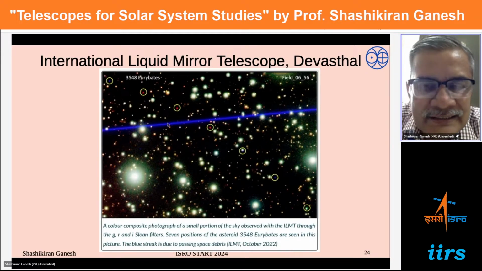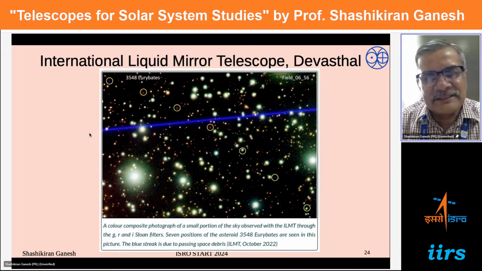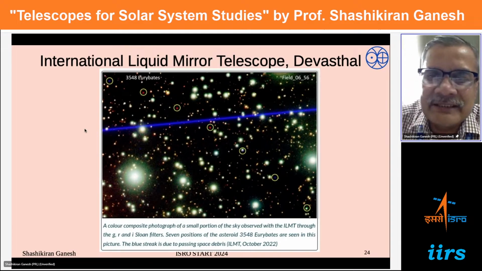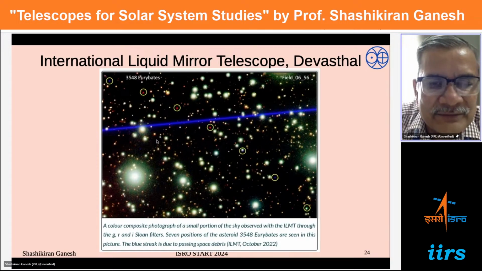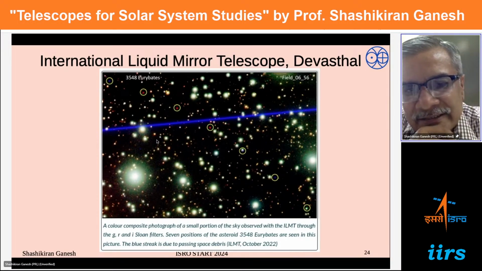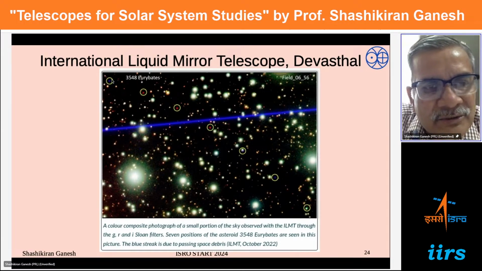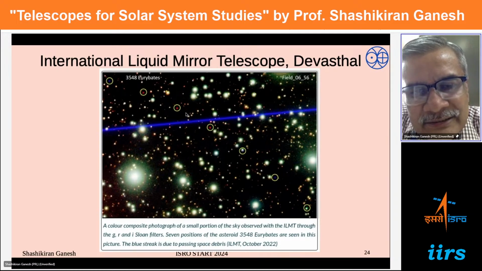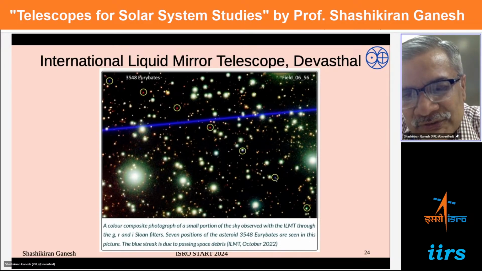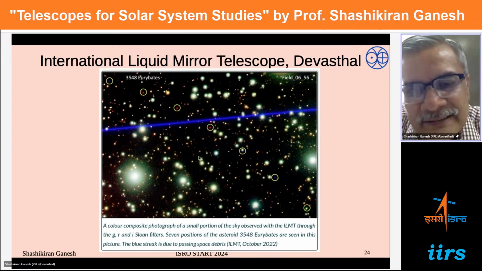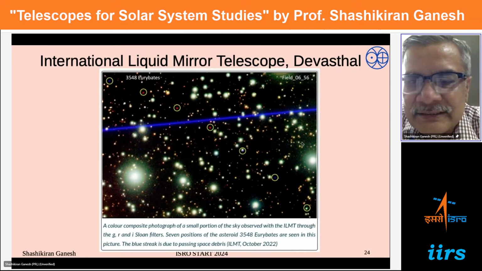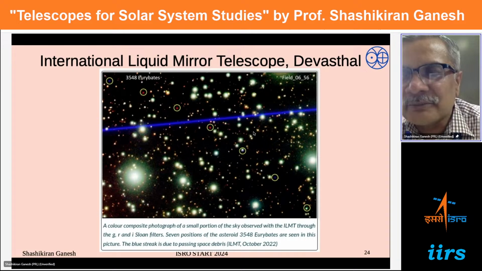The blue track here is from a space debris which is much nearer to us, and because of that made a continuous track in one of the images of this false color composite constituted from multiple images at different bands at different wavelengths in different days. Okay, so that is how the asteroid looks different color on different days, and it shows over here. So these were done in 3 different bands and then color composited as a false color to bring it out.